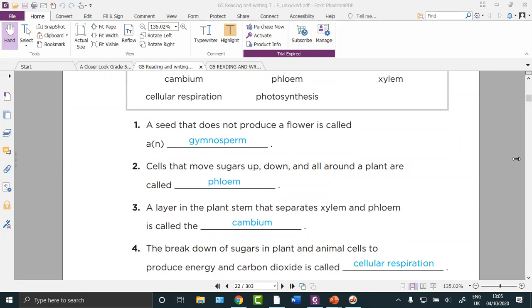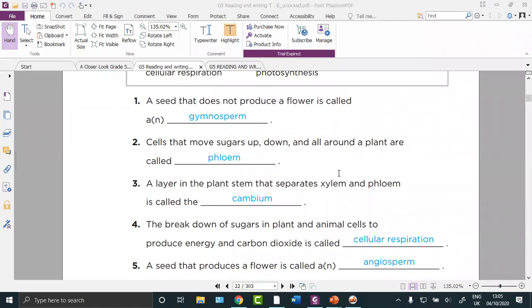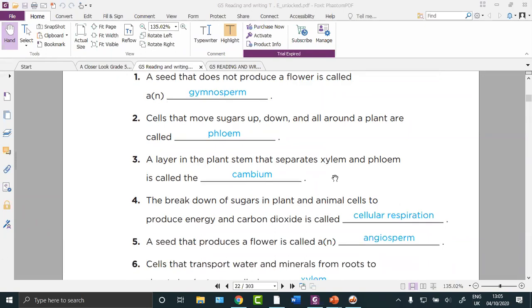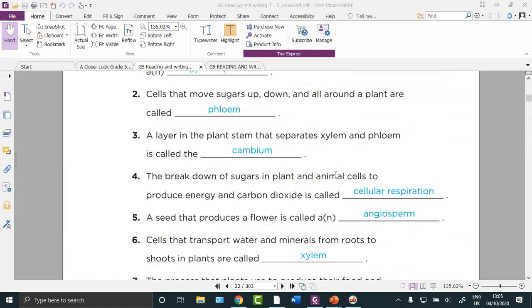Malik Muhammad. Yes, teacher. Number 6. Cells that transport water and minerals from root to shoot in a plant are called xylem. Xylem. Thank you. Can I answer 7? No. Lower your hand.